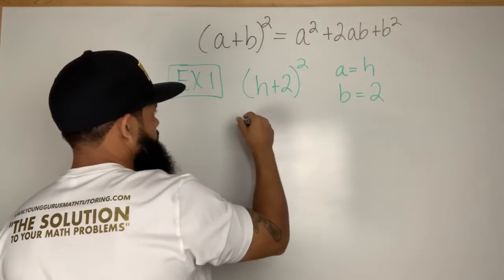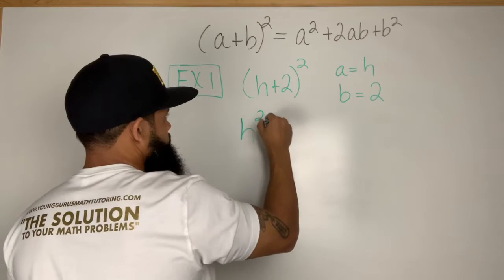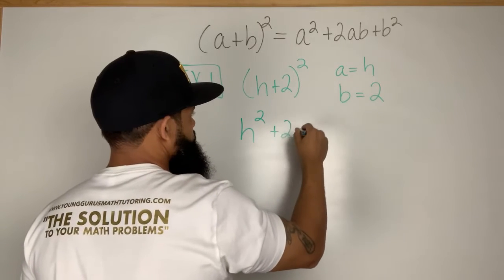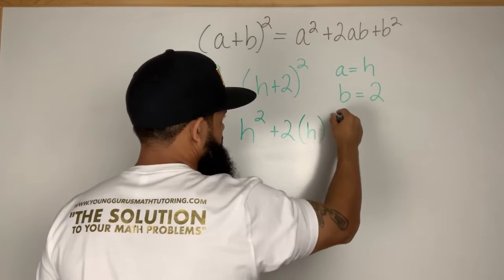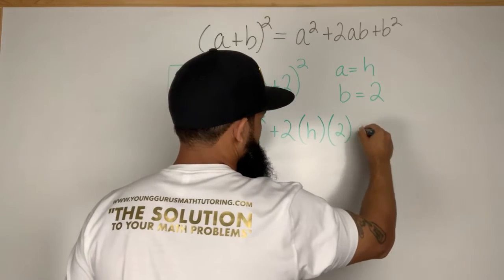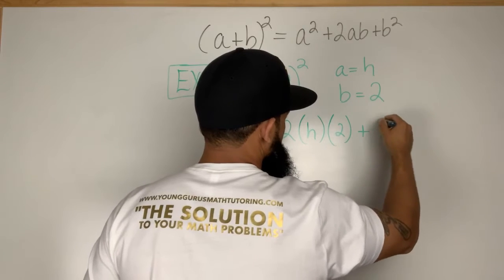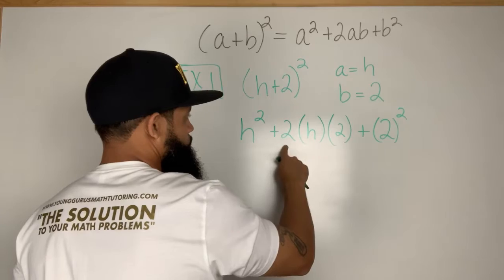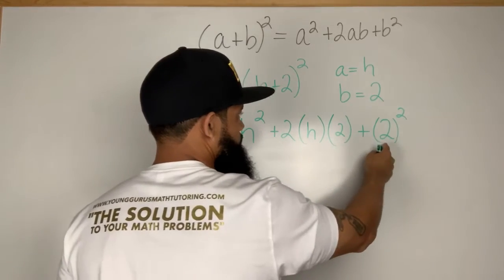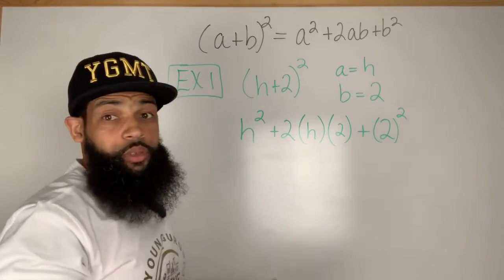Well, a is equal to h, so I'm going to say h squared plus 2 times h times 2 plus 2 squared. So a squared, 2 times a times b, b squared. All right, and all we do is simplify from there.